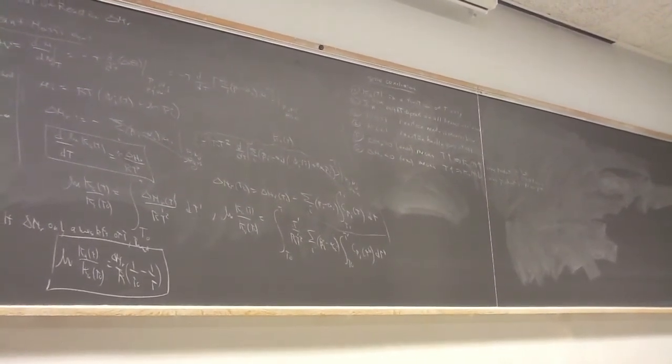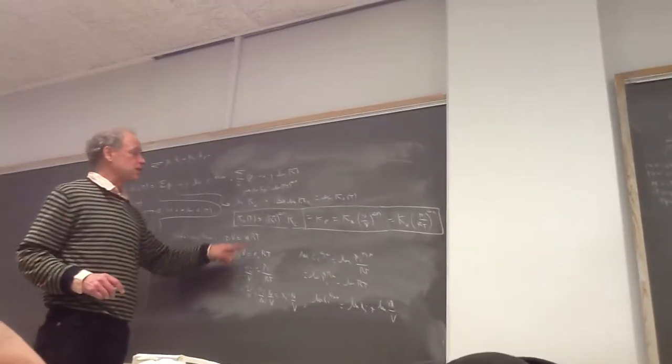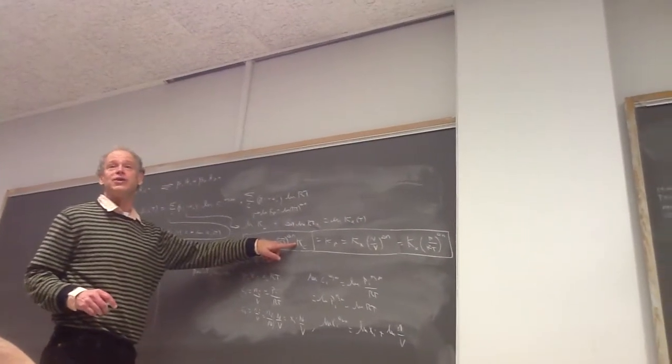Okay. So anyway, as we said, Ci was Ni over V. So I would like to also write a K in terms of N's here.